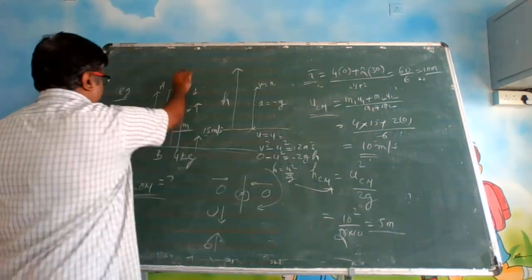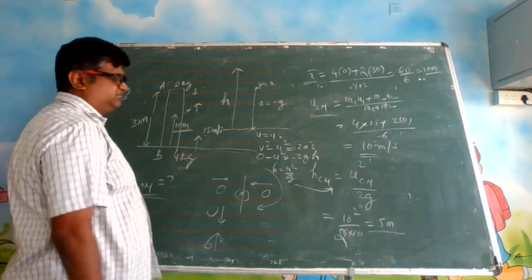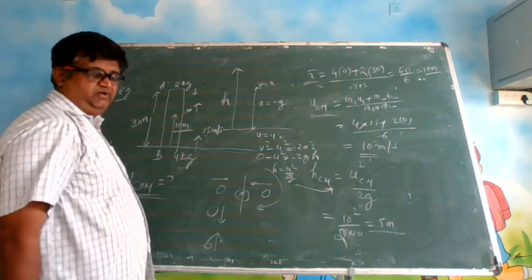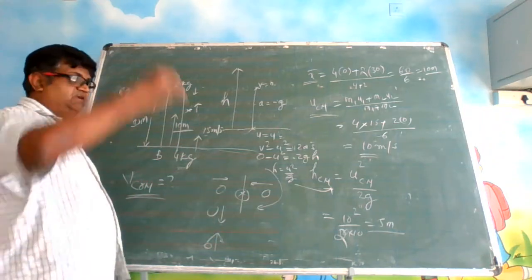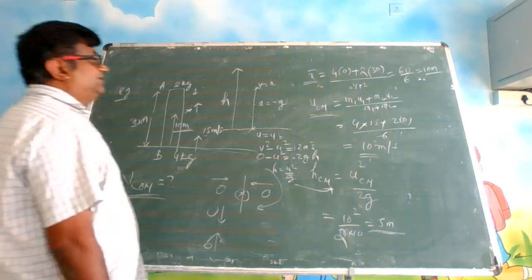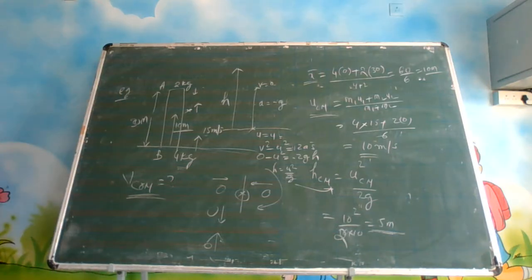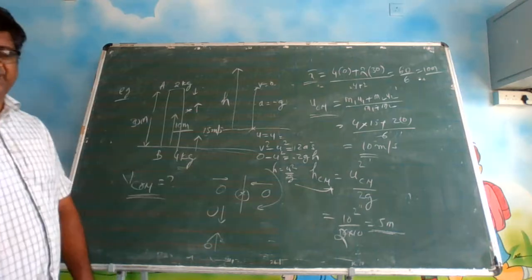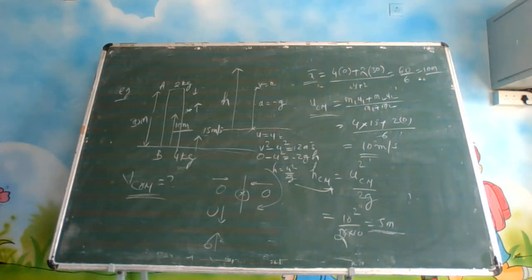So this system center of mass which is at 10 meter height, it will attain how much height? Maximum 5 meters is the maximum height attained for this particular condition.